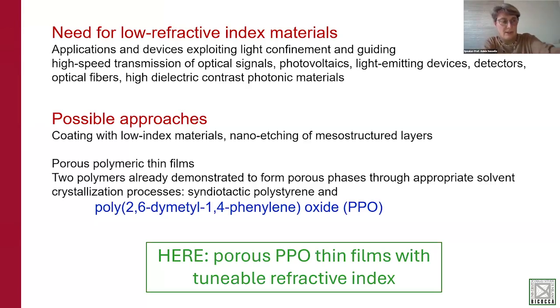Among the materials which can be treated to get porous polymeric films, two materials are the most promising ones and have already been demonstrated to give rise to porous structures. They are syndiotactic polystyrene and polyphenylene oxide, PPO.